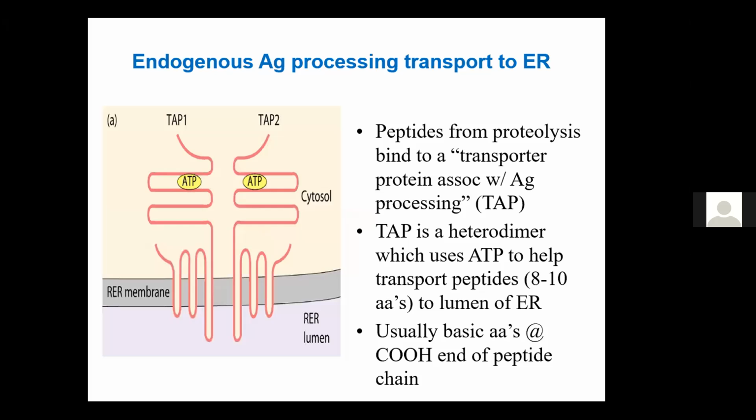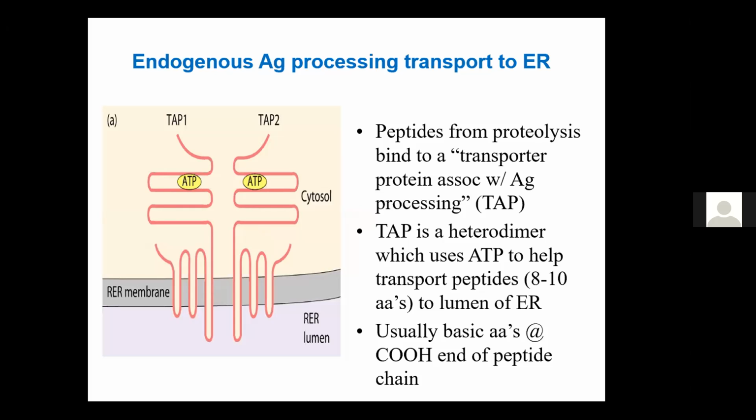Their work is to transport whatever has already been broken down from the previous stage. This TAP is a heterodimer, which uses ATP as a source of energy to transport these peptides. And I said earlier that they are between 8 to 10 amino acids in length, and they are transported to the lumen of the endoplasmic reticulum.